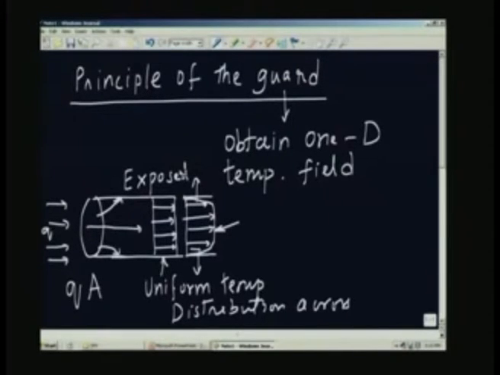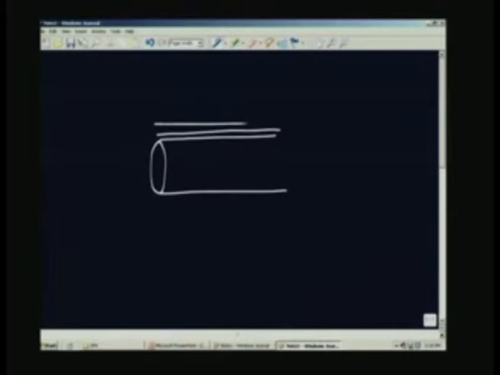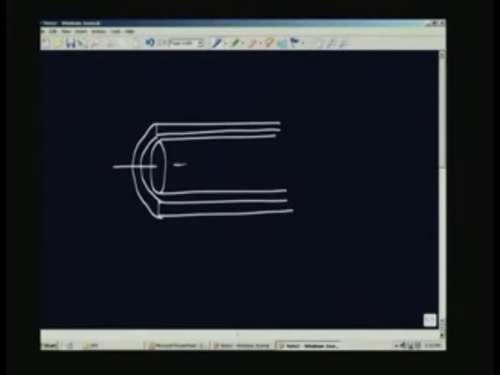That is the principle of the guard. So, let me redraw the situation. So, I have a cylinder and I have an annulus which is surrounding it. So, the annulus is like this. I am showing the cross section. I have cut the thing.